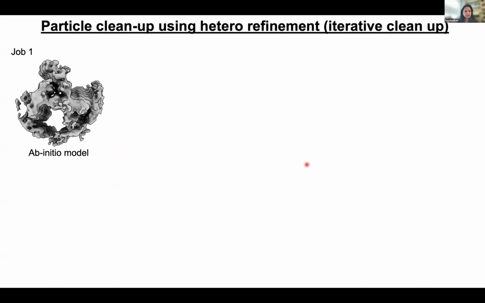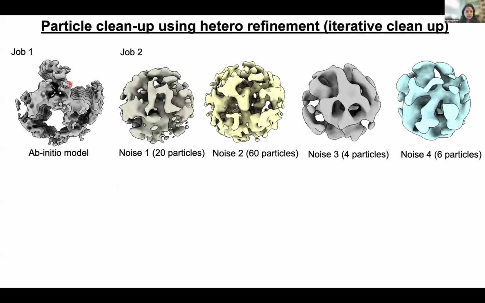Now coming to the example. This is the first round of ab initio model, and here you can see the repeat units and the pentagonal filament assembly in the middle, and here is the trigonal filament assembly. The next ab initio job created these noise volumes.